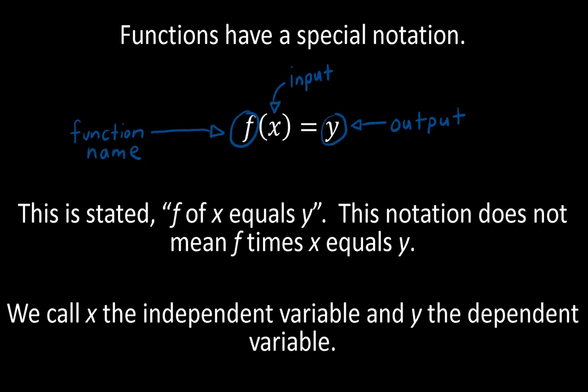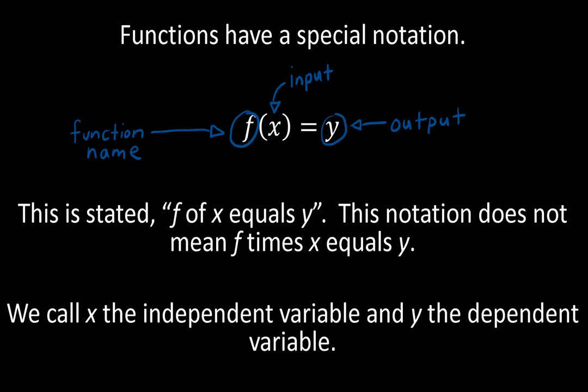Using function notation also gives us a pretty slick way to write a lot of information in a short amount of space. For example, you see here that the letter f gives us the name of our function. We can really use any letter we want to name a function, but f, g, and h are the most popular letters.